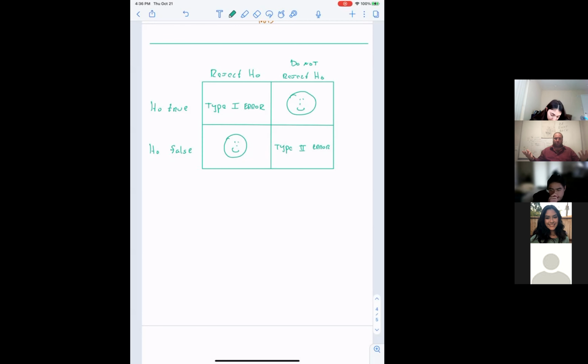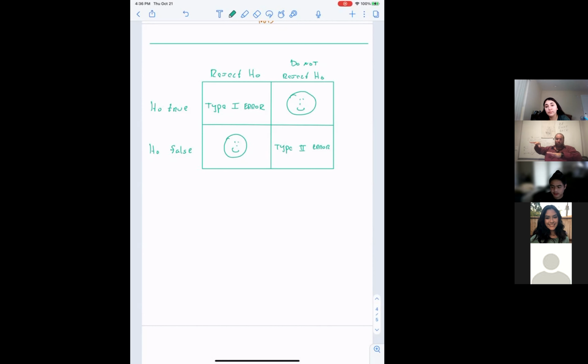If you came to the conclusion that you do not reject the null hypothesis, you'd go about your day like everything's fine. Okay? You don't got to retrain your staff. You don't have to recalibrate the machines. You don't got to spend money. You don't have to do anything because as far as you can tell, the null hypothesis is correct. I'm not going to reject it. Everything's fine and dandy. Now, you're wrong, and that's a problem.